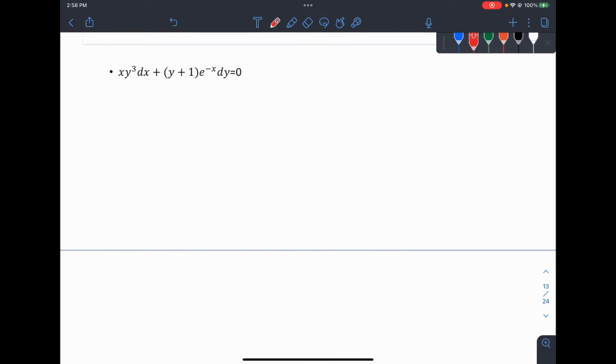So again, it's in the format of a function of x multiplied with dx plus a function of x and y multiplied with dy.